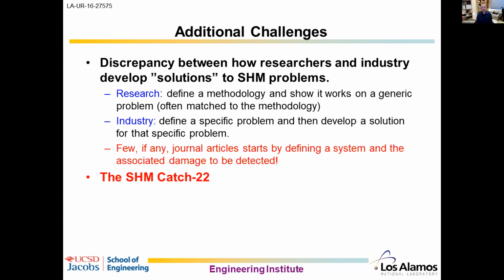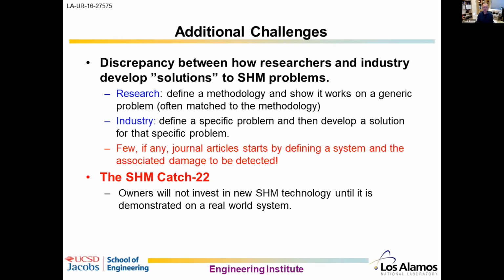There's also this issue that I call the structural health monitoring catch-22. That dates how old I am, and some young people might not know that term from a book and then a movie that I think came out in the 1960s or early 70s. So owners won't invest in this technology until it can be demonstrated on real world systems.